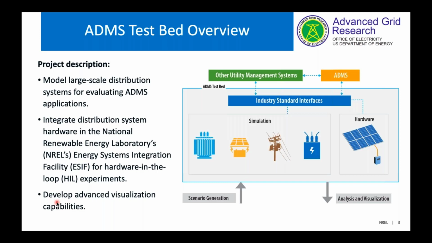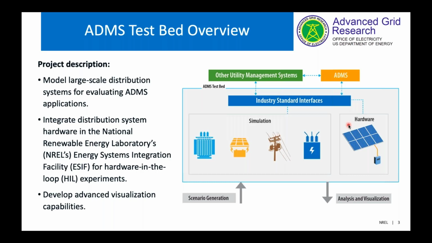The second one is we want to really integrate this simulation with real hardware within the Energy Systems Integration Facility. The figure on the right actually shows a very simplistic view of the 2 items there. One is the simulation on the left, which is the large-scale simulation that we're talking about, which pretty much has the 90% of the network that we're looking at, whereas the 10% of the network, we actually emulate in hardware using the power hardware-in-the-loop techniques that we use here at NREL, and I'm sure Annabelle will probably go deep into those.